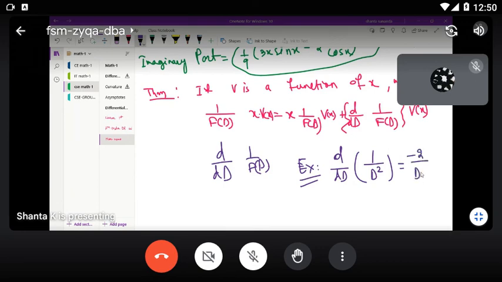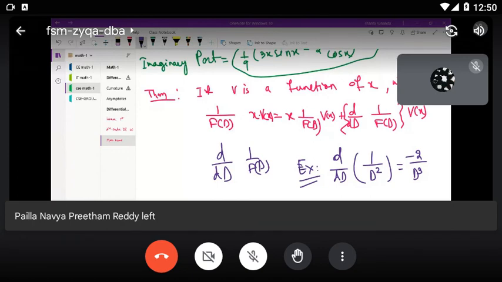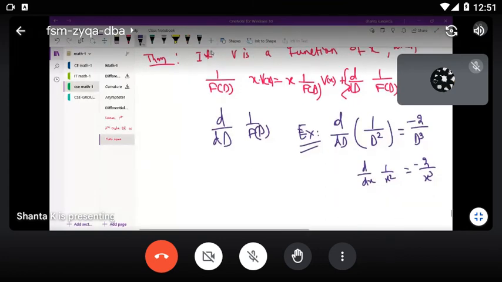Minus 2 by t cube, isn't it? Yes, ma'am. Like you do 1 by x squared, it's like d by dx of 1 by x squared. The process remains the same. Okay, this is how. See, one example we will do and it will be clear.